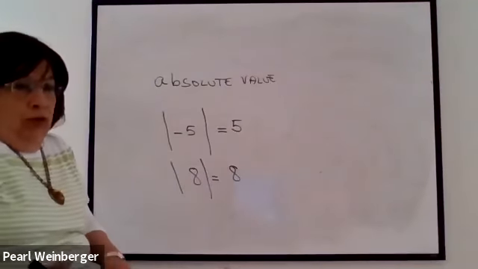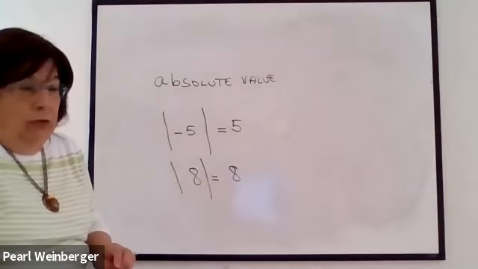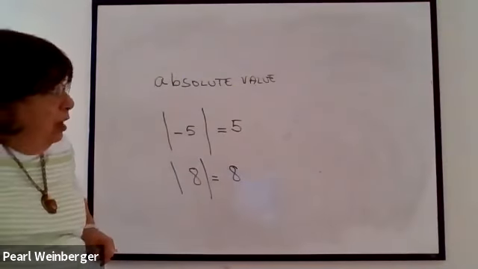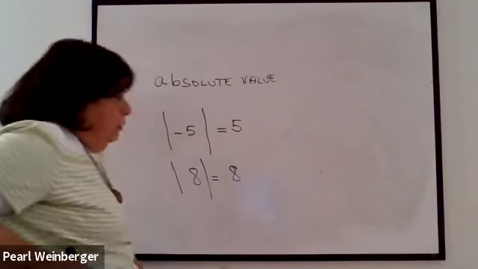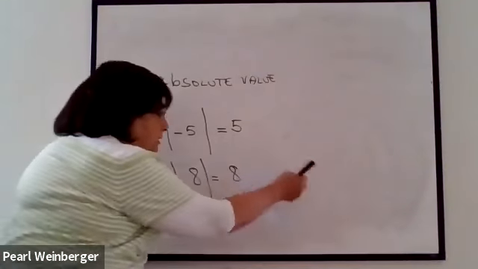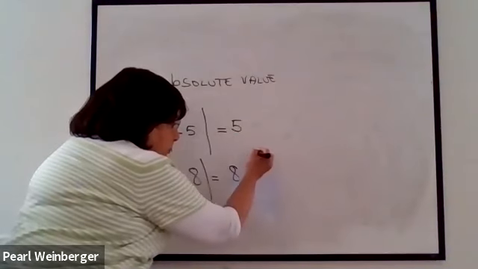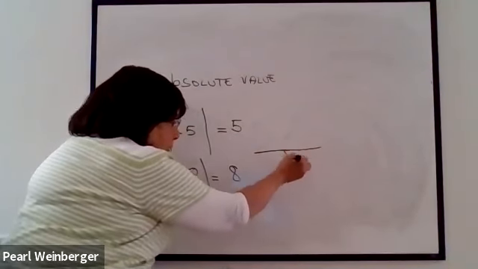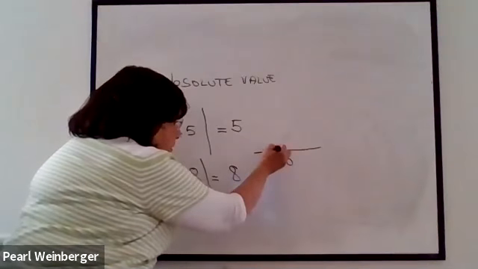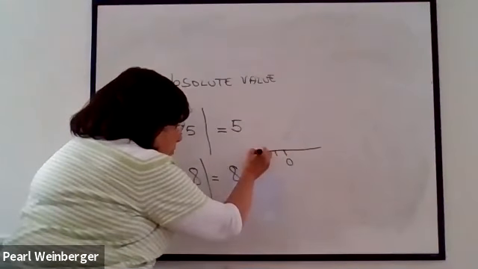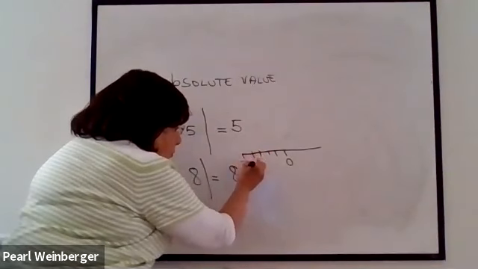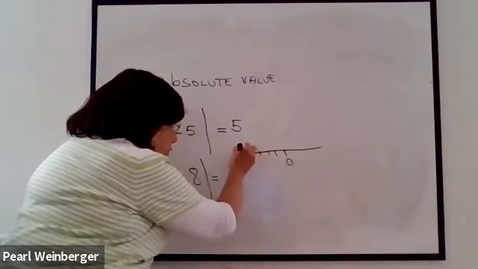So what is the point of absolute value? Well, there is a geometric interpretation of absolute value that maybe will make sense to you. Let's say you have a number on the number line. Here's the number -5. It's right here.